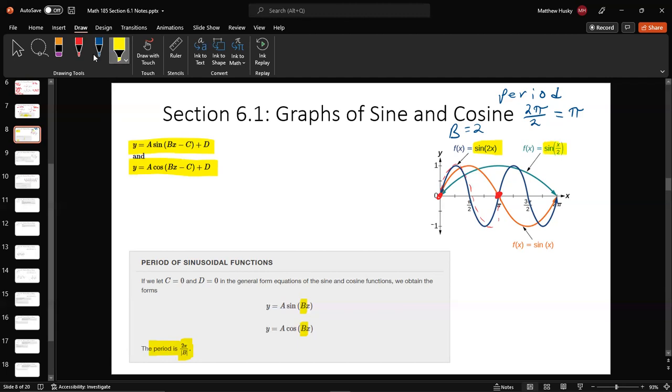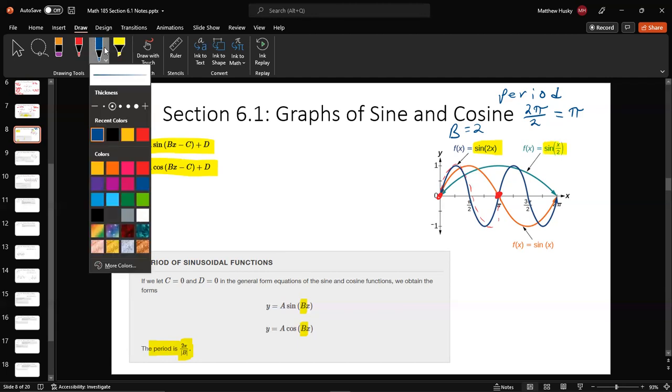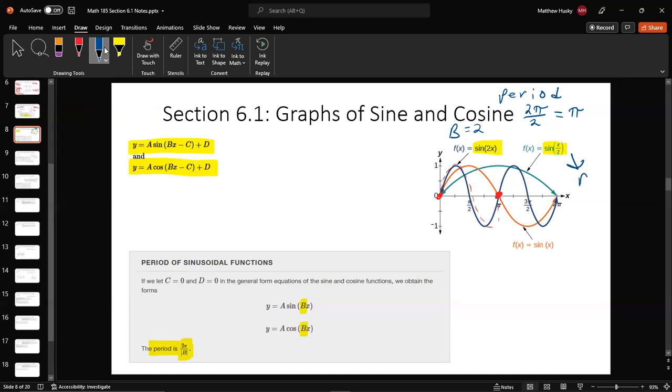This one, meanwhile, would have a B of 1/2, and that would give you a period of 2 pi divided by 1/2, which would actually double and give you 4 pi.